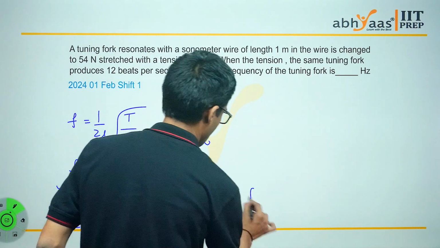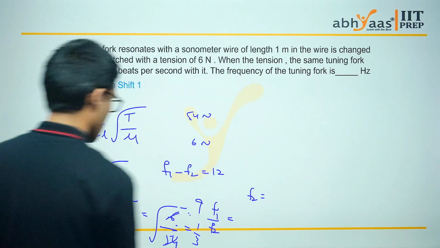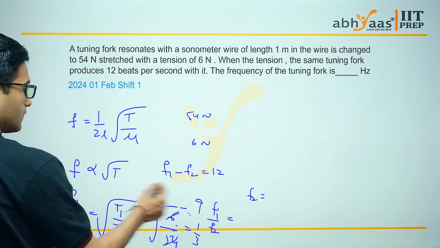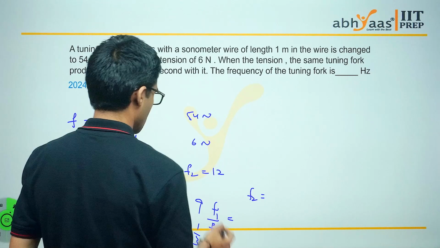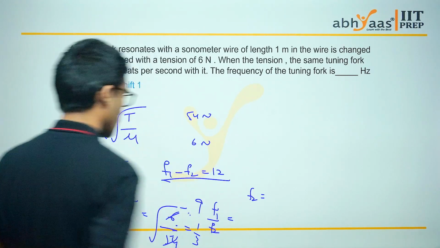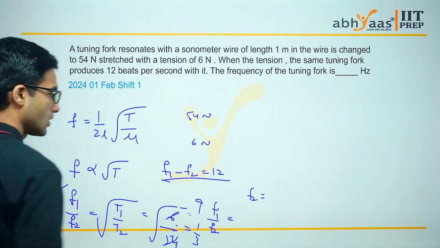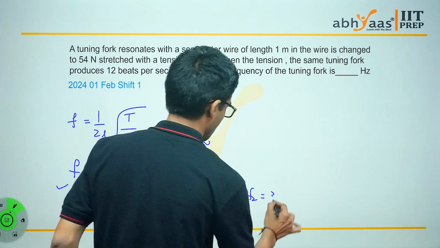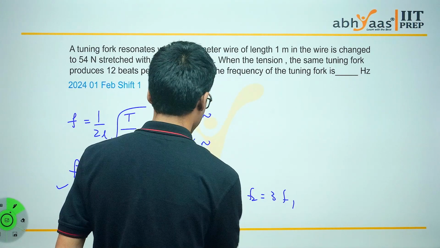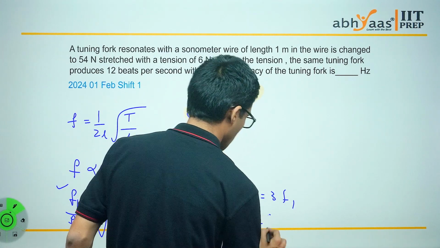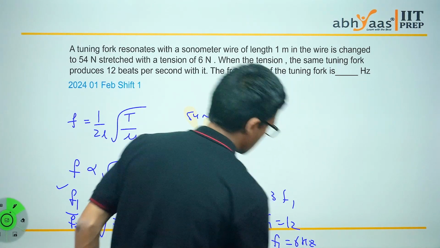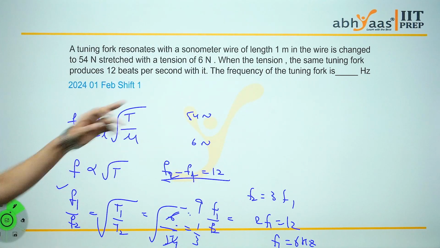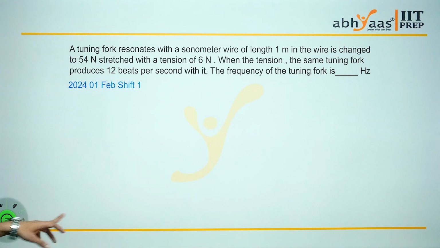And F1 minus F2 equal to 12 is given in the question itself, so taking the difference F2 minus F1, you get 2 F1 equal to 12, F1 equal to 6 Hz. This is the answer. Simple question, right? Only this is numerical type. Now going to the next question.